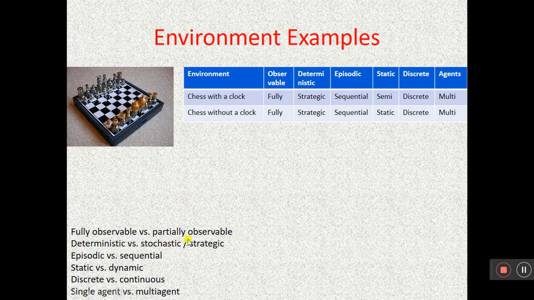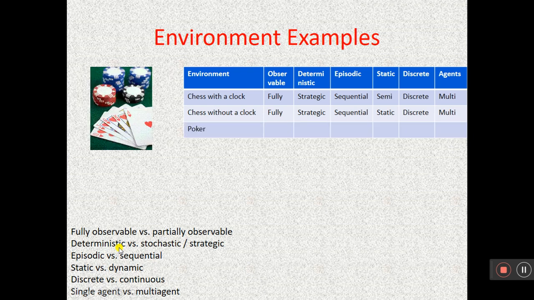So here you can see different types of environments that we have discussed in the previous slide. The next is poker. In the poker game, whether this game is fully observable, no, this is partially observable.